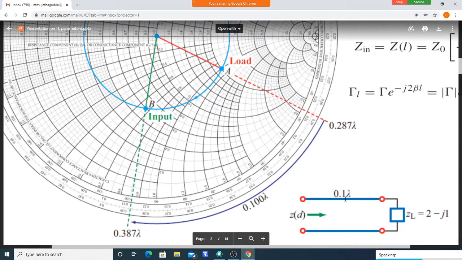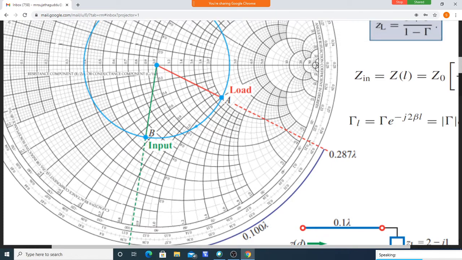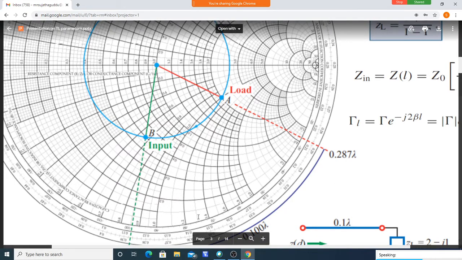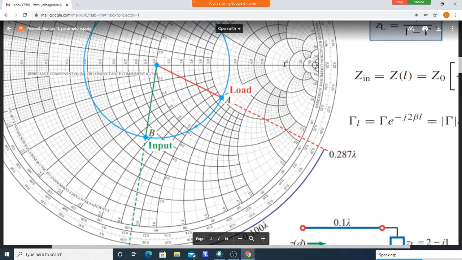Like that, if 0.1 is given, we have to do like that. If 0.2 is given, starting from the load wavelength point here, whatever the distance, you move like this. Stop there and draw a line, it intersects the VSWR circle, there you find the impedance.